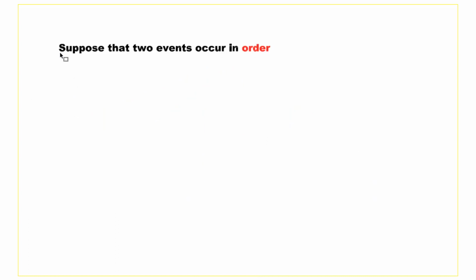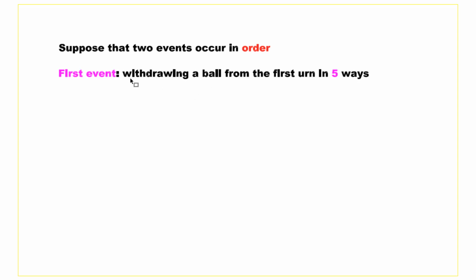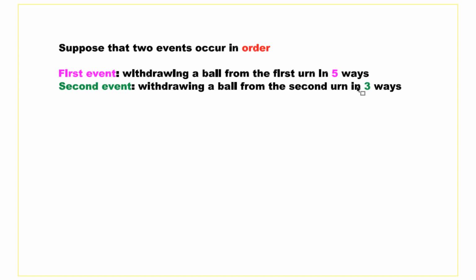So we can conclude the following. Suppose that 2 events occur in order. So we have the first event, withdrawing a ball from the first urn, and that can happen in 5 ways. And we have a second event, withdrawing a ball from the second urn, and this can happen in 3 ways.